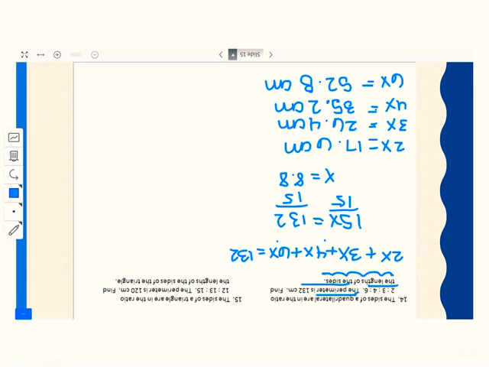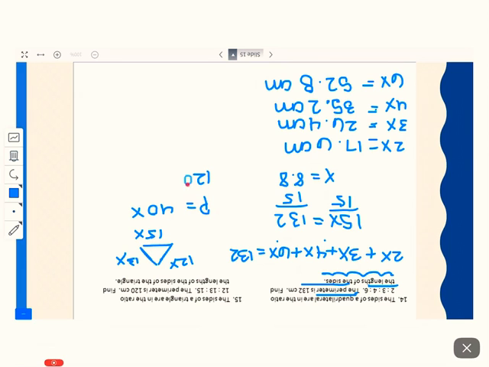Okay, the sides of a rectangle are in the ratio 12, 13, 15. So again, same idea, 12x, 13x, and 15x. Perimeter is the sum of the sides, so you'd add up the 12, the 13, and the 15 to get 40x.